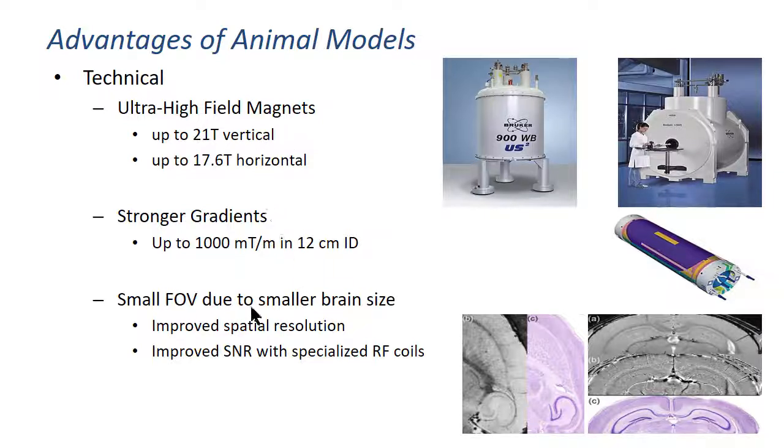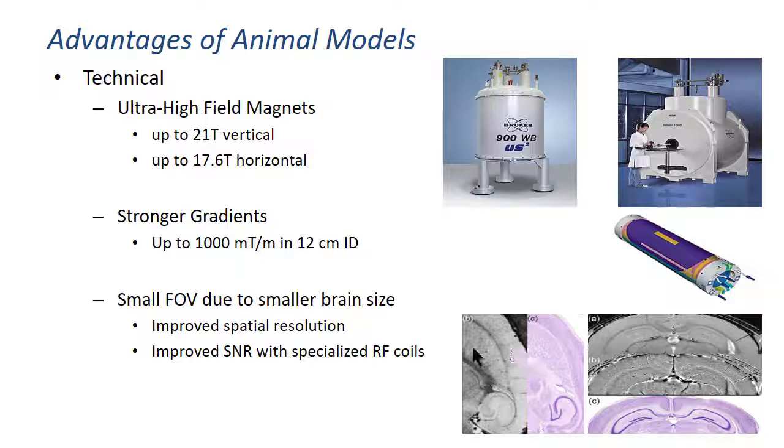And all of this then translates into us being able to get some money in the bank for using it to work with these small fields of view because of the small brain sizes of the animal models. So that means that we have improved spatial resolution. Now we are routinely working at about 100 microns or better in-plane resolutions, which allows us to put lots of pixels and visualize the cortex of the animal and very fine white matter tracts, even in a mouse that has almost no white matter.